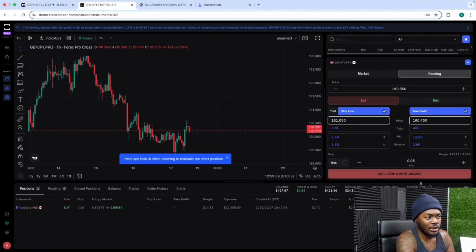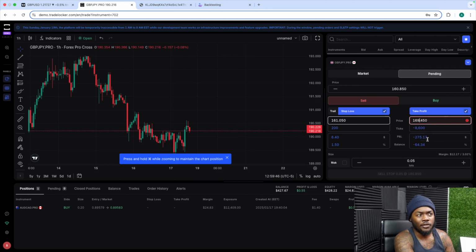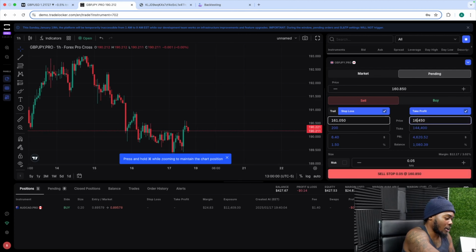If it doesn't, like if it's blanked out or something like this, that means something is wrong. You have an error somewhere as far as your price points, so you need to fix them. Maybe you're looking at it wrong, or maybe you mistakenly hit buy when you should be selling, or you hit sell when you actually should be buying. So if it's grayed out, basically you did something wrong. Your price points are off.